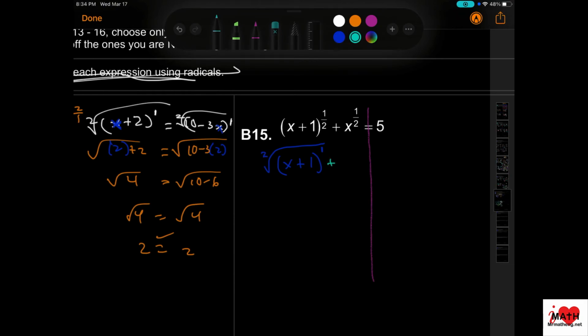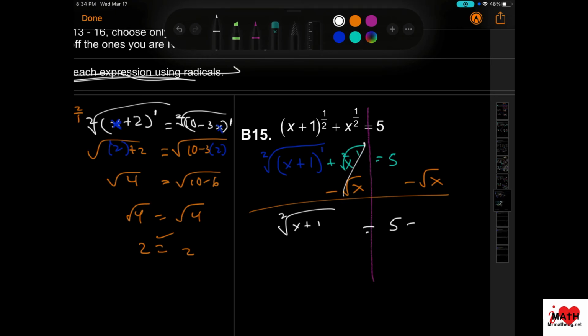And that's the same thing for x to the 1/2. Of course, we don't write the 1 and 2's. And we will just subtract the square root of x on both sides. And now we will have the square root of x plus 1 equals 5 minus the square root of x.